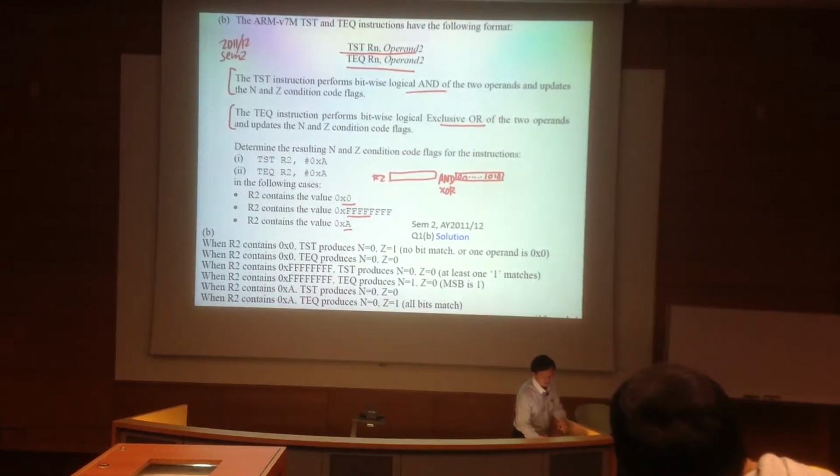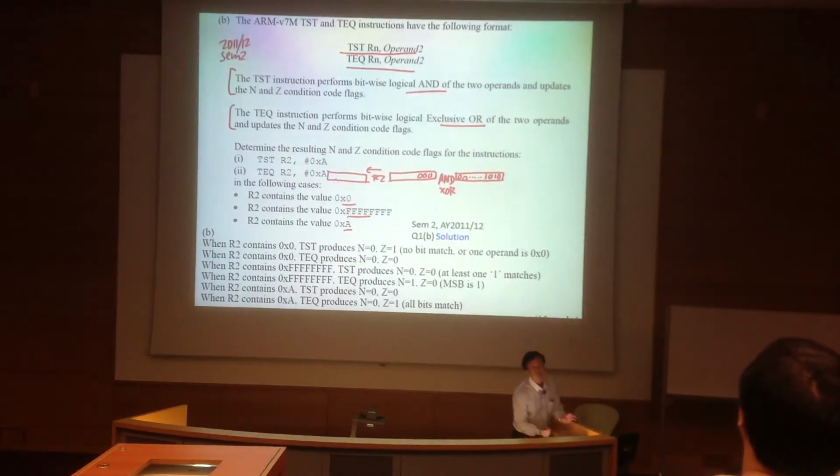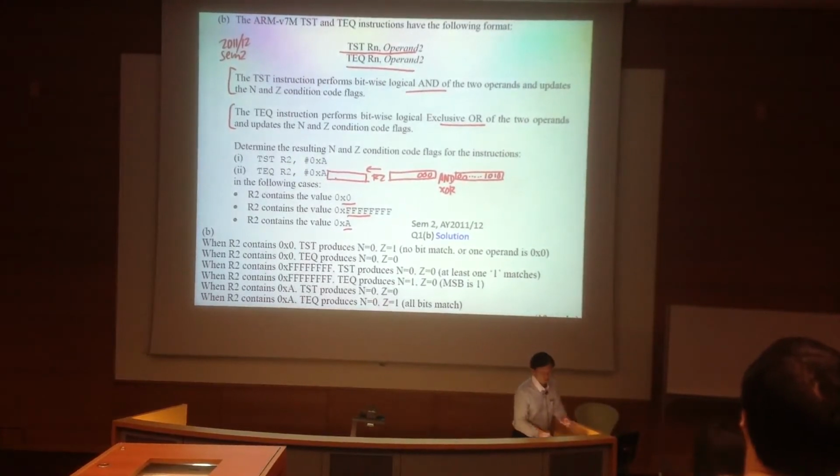So, for example, I just cover some of this, right? If this thing is 0, and bear in mind that when you do this, even though the result is discarded, it's going to affect the N, Z, V, and C flags. So you have to try and work out what the result is. You know whether it's full of zeros or full of ones or whatever.